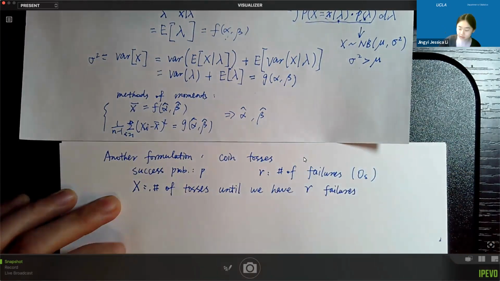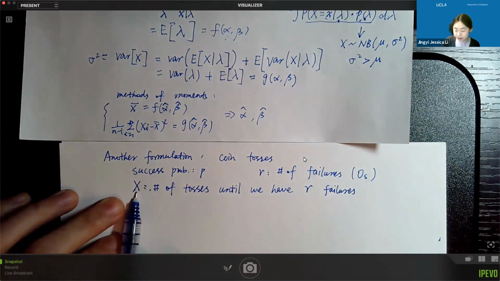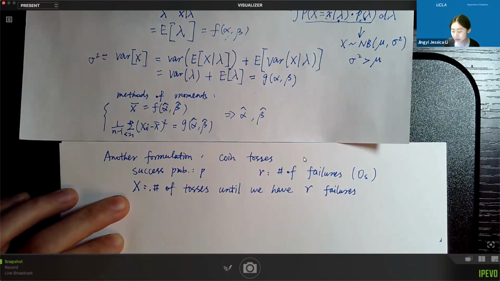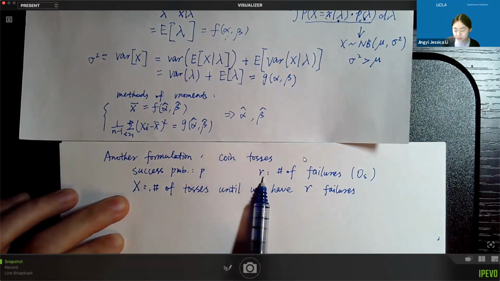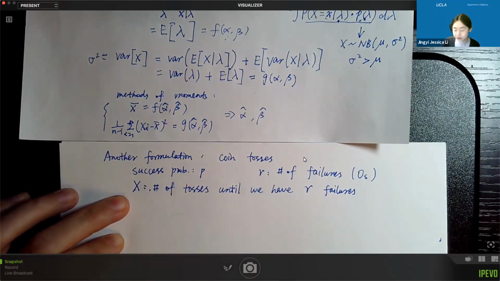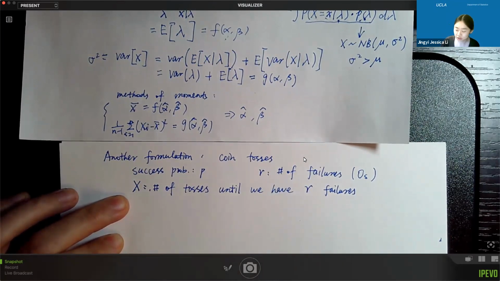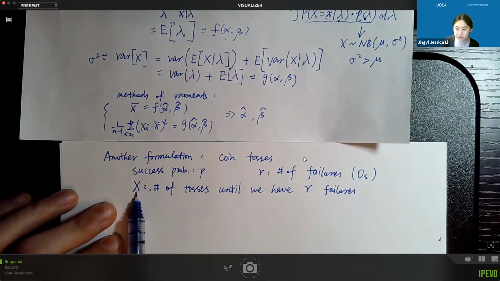So that becomes a random number, right? Because for example, let's say R equals 3, that's a parameter. For you, maybe you have 10 tosses until you have 3 failures, but another student may need just 5 tosses to see 3 failures. So that's why this X is a random variable. And then we're interested in the distribution of this X.